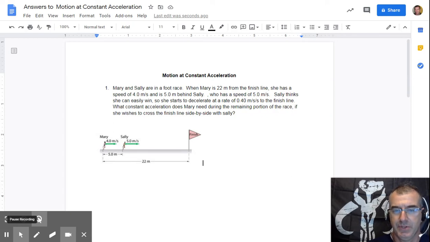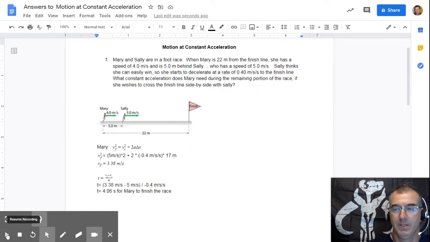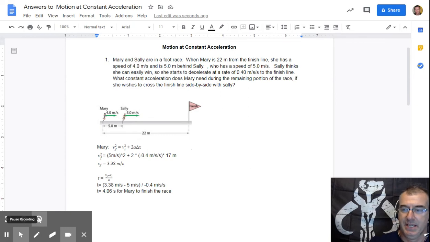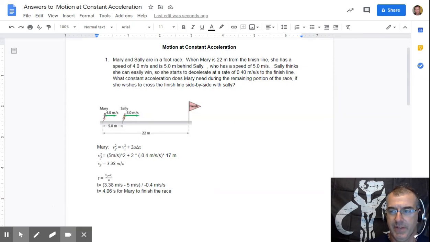So I first need to figure out how long it's going to take Sally to get to the finish line, given the constraints of the problem. In order to do that, I first figured out what her final velocity would be. She's moving at 5 meters per second and starts to decelerate at 0.4 meters per second squared.